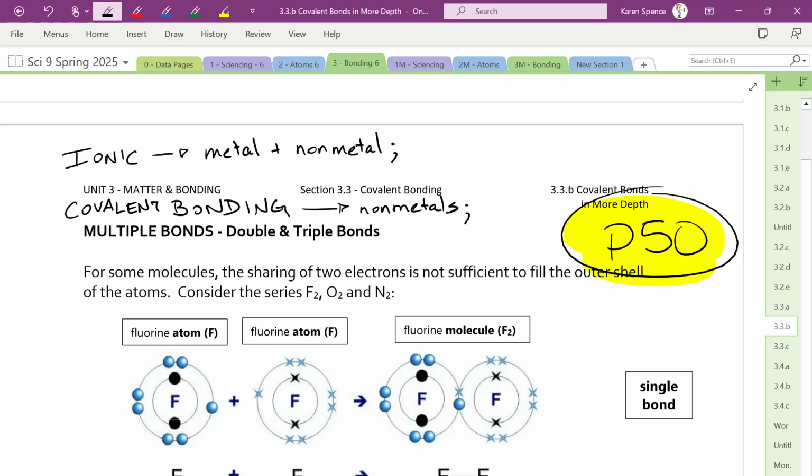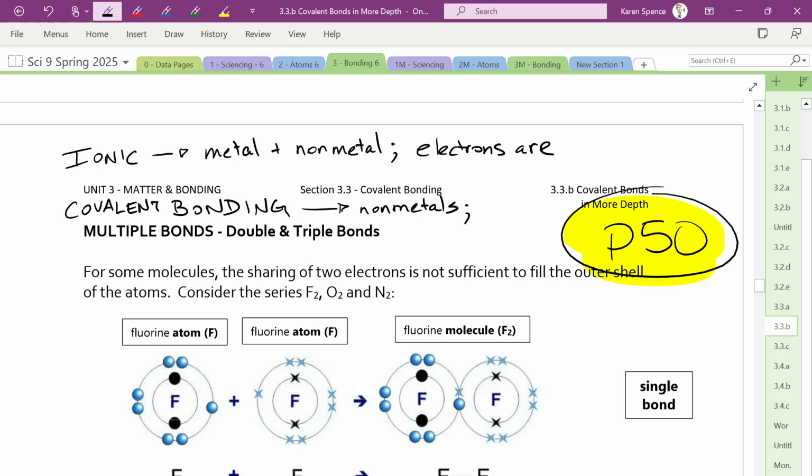And while we're borrowing a pencil, what is another difference between ionic and covalent? It has to do with the electrons. In which one are they shared?